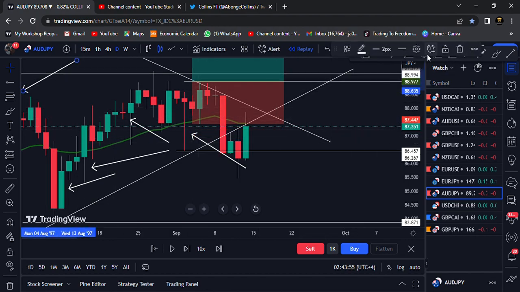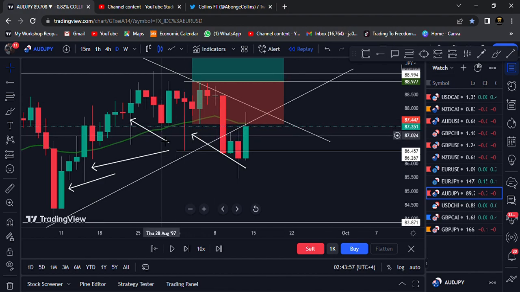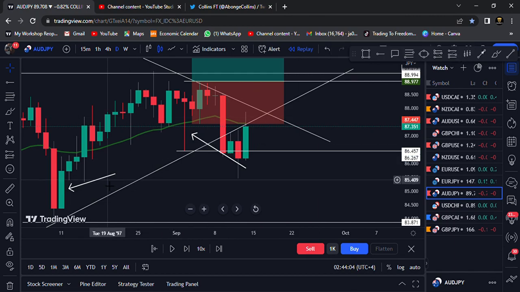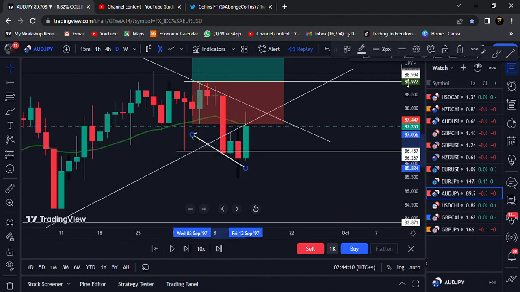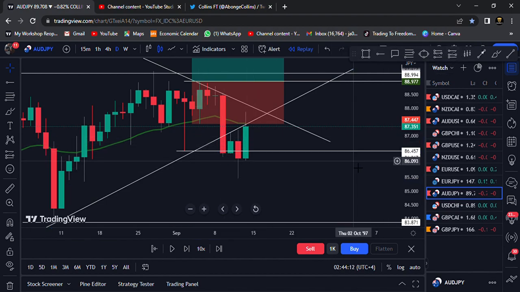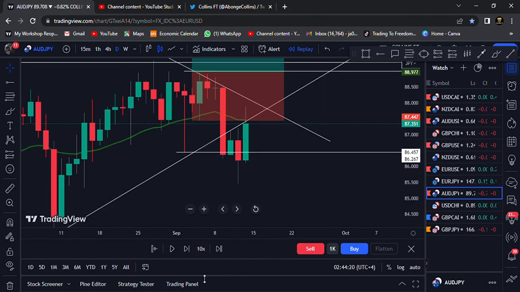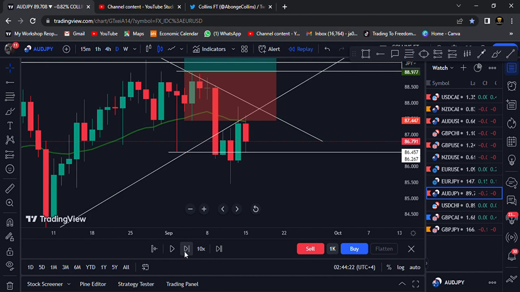You have to be very careful, and their movements are very fast, quick. They move like indices. GBP JPY, AUD JPY, US dollar JPY. For me, I don't trade USD JPY at all, because that's one of the craziest pairs out there.